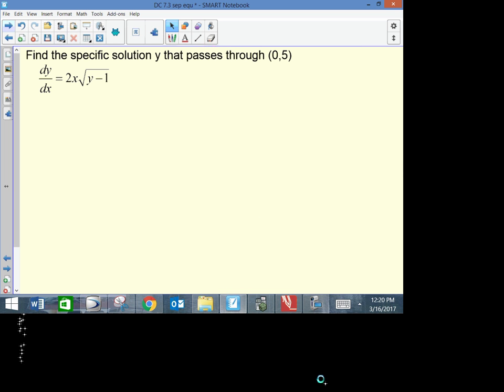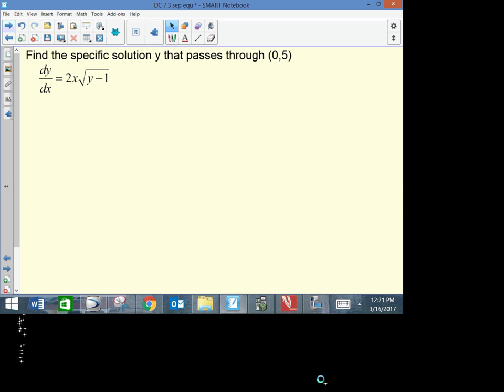All right, so we're looking for the separation. Go ahead and separate it. Raise your hand when you get separated, and then I'll know.